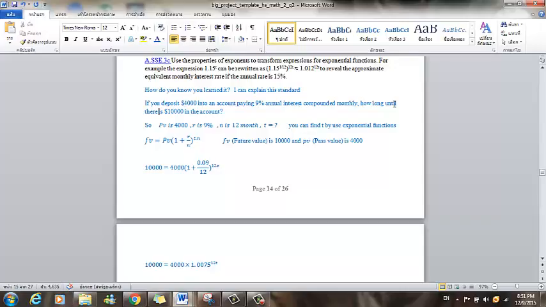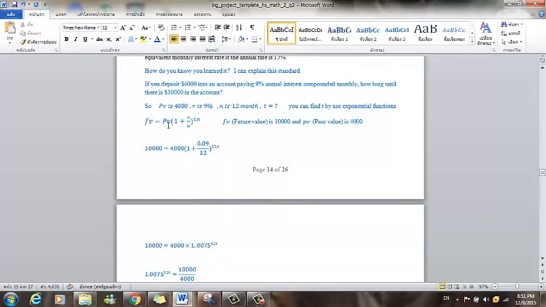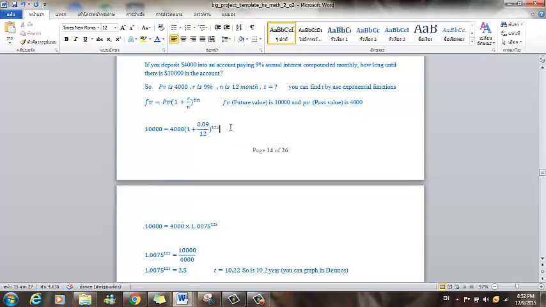You can find T by using the exponential function: FV equals PV times 1 plus R over N, to the power of N times T. We already know FV is 10,000 and PV is 4,000.